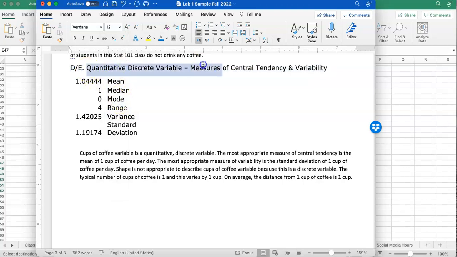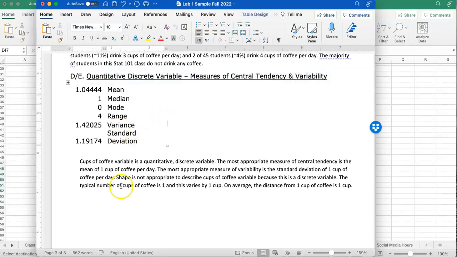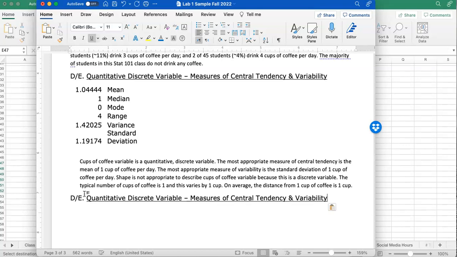And then I'm going to go ahead and underline this as well. That way you know. Okay, so that's part D and E. I am going to copy this, Control C, Control V, and this is going to be the continuous variable. Then we'll come back and add the continuous measures here.